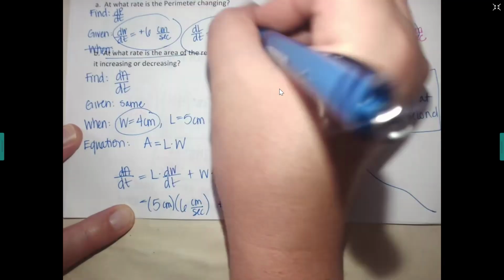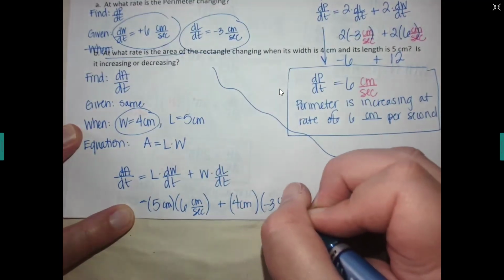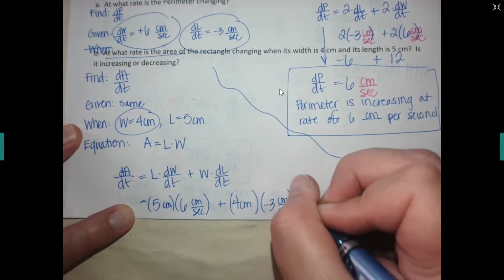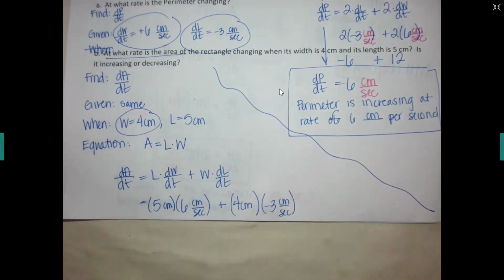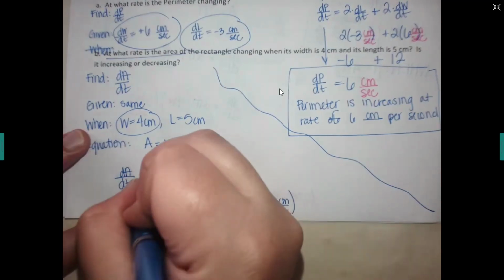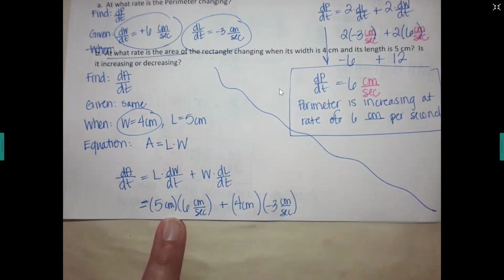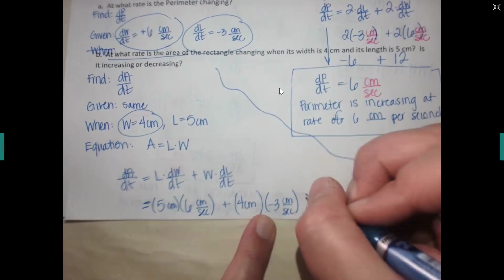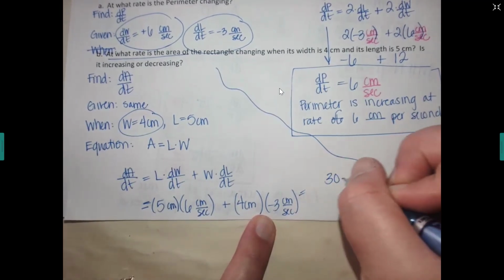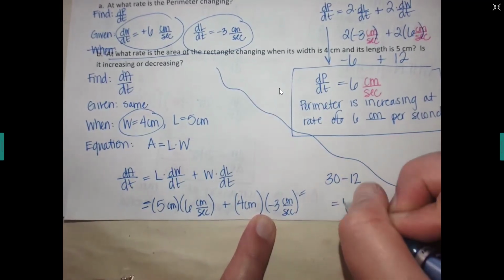And my dL/dt is minus 3 centimeters per second. Okay. Then from there, your 5 times your 6 here would be a 30. And then that'd be a minus 12. And 30 plus negative 12, that would be 18.